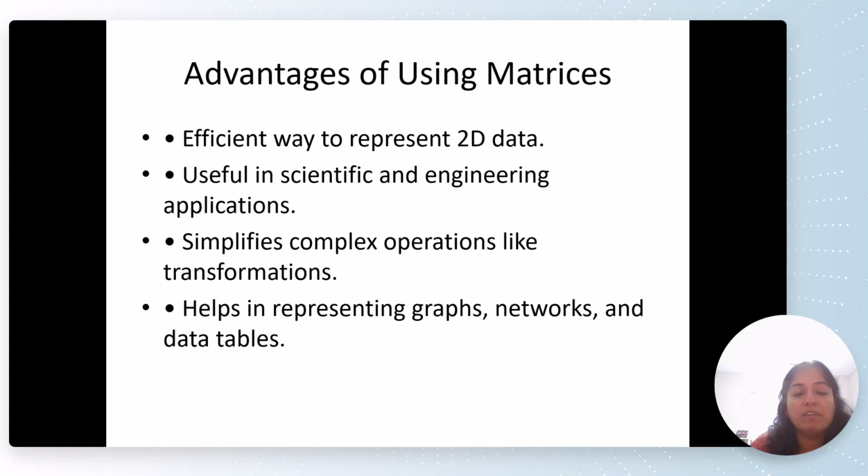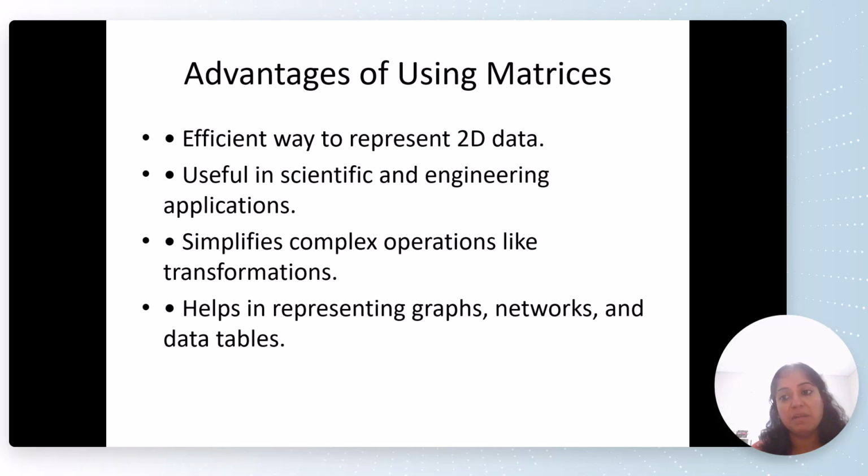Matrices are one of the very popular data structures which we use. It is used in networking, in graphics, and in data handling, like when we have to perform computer graphics, rotation of data, transformation of data, distortion of data, or reflection of data. For all of those purposes, we use matrices.